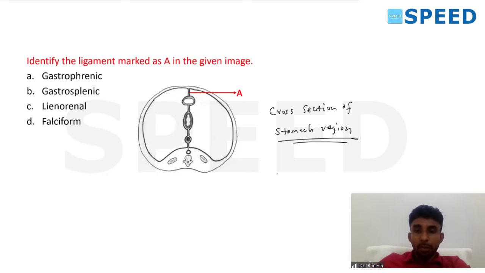So in this diagram, you know the orientation of which is anterior, which is posterior, isn't it? By looking at the vertebral column, you can easily determine this is posterior and this is anterior in this diagram. So this is the anterior abdominal wall, and this is obviously the posterior abdominal wall, isn't it?